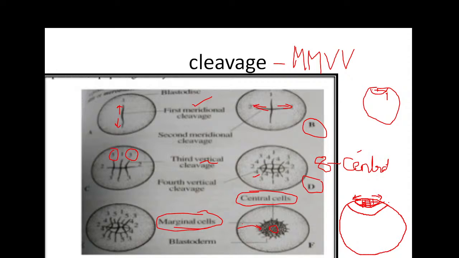This blastodisc separates from the lower yolk layer and forms a layer. And the space between these two is called the subgerminal cavity.